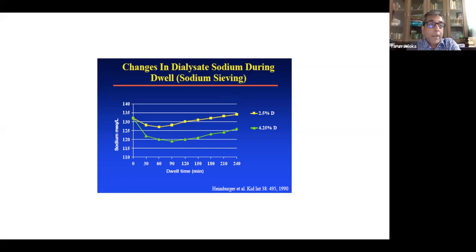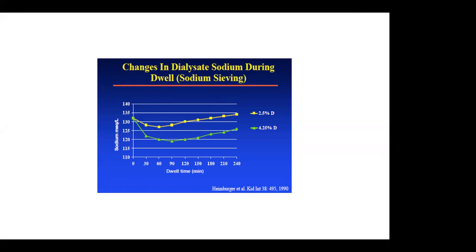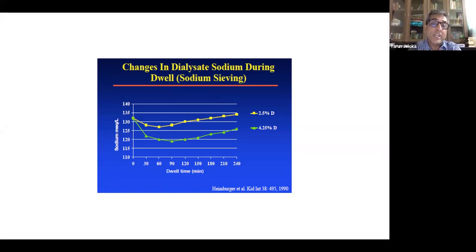What happens is, when glucose is instilled into the peritoneal cavity, because of the osmolality, these aquaporin channels are stimulated. And when they are stimulated, it allows transfer of a significant amount of water into the peritoneal cavity. And what happens if water gushes out into the peritoneal cavity?